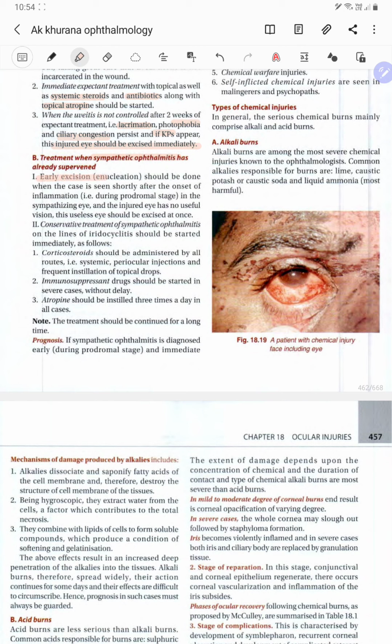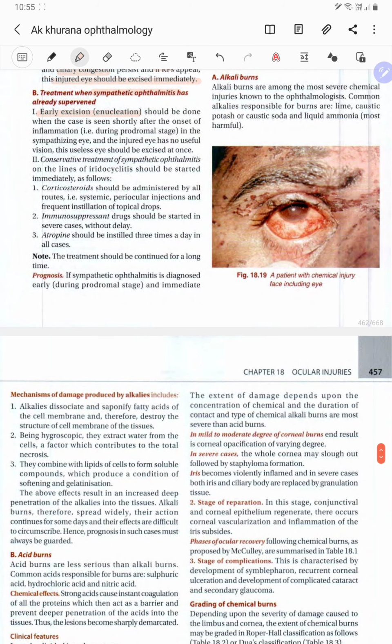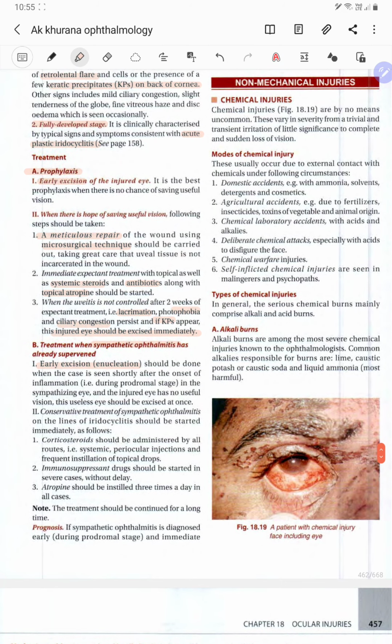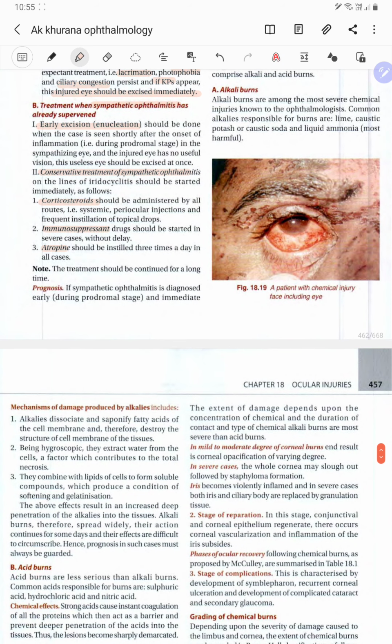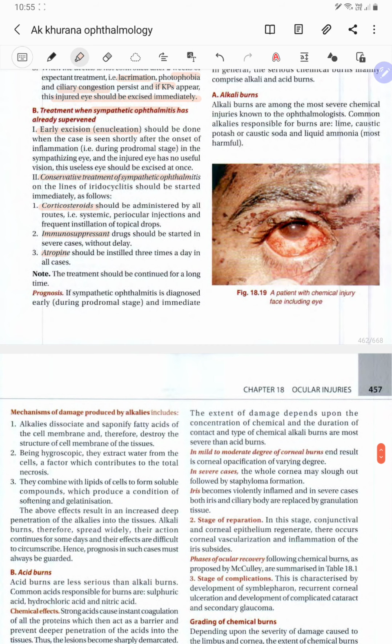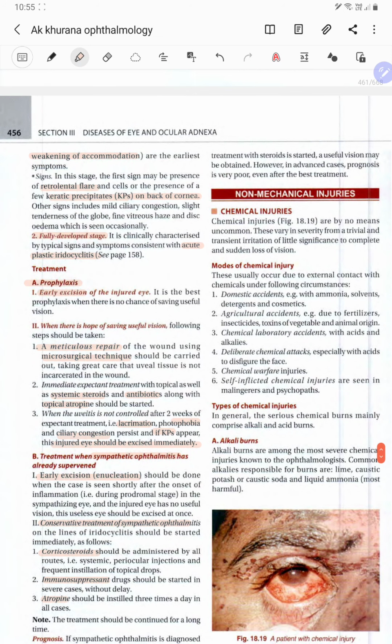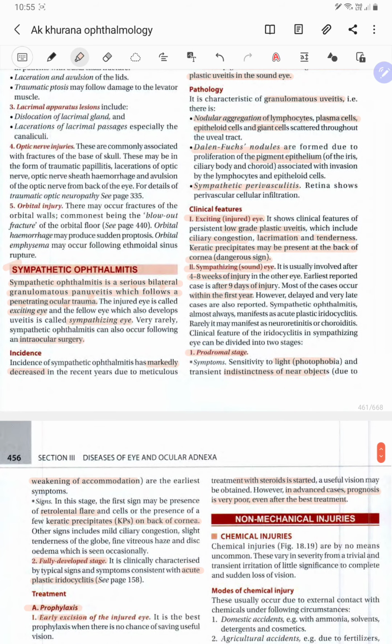In the prodromal stage, early excision or enucleation, as we have discussed earlier. In the late or fully developed stage, we do conservative treatment with corticosteroids, immunosuppressants, atropine, etc. The prognosis is okay during the prodromal and intermediate stages, and treatment with steroids is useful, but in advanced cases the prognosis is very poor even after the best treatment. So we have to take care of this condition.